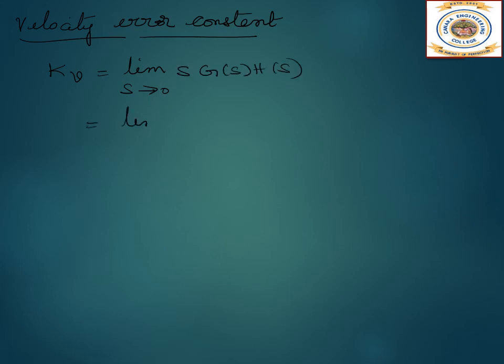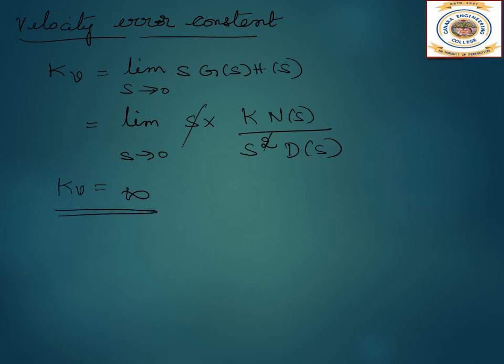So here limit s tends to 0 s into the transfer function s square, type 2 system it is. So 1 s will get cancelled, but still we have s in the denominator. So again we are going to get the velocity error constant as infinity. What about the steady state error? 1 by Kv, which is 1 by infinity, which will be equal to 0 over here.